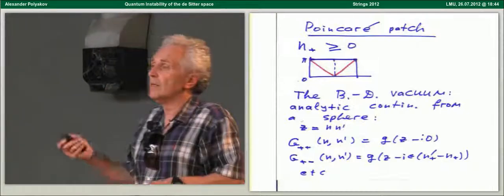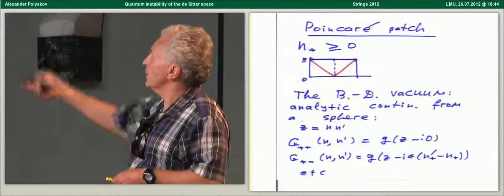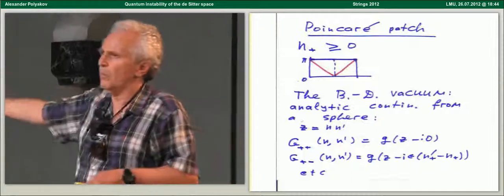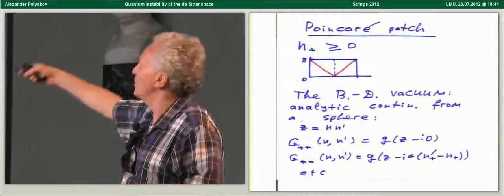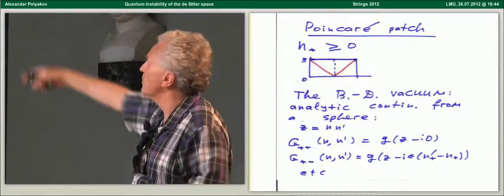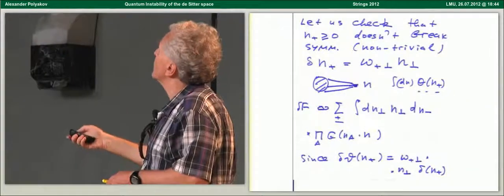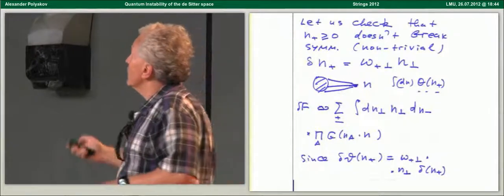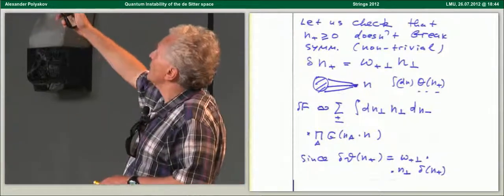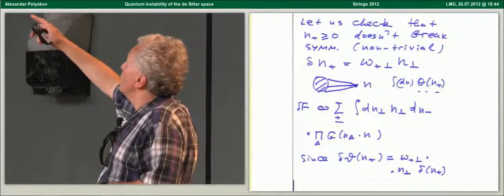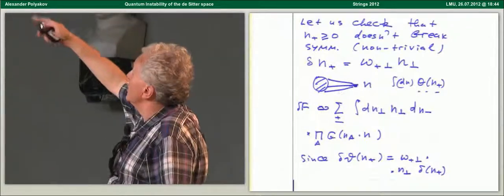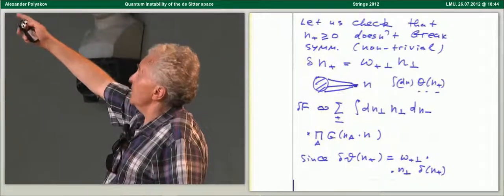Since we are in non-equilibrium, we need various Wightman and Green functions with pluses and minuses. And here I just wrote them down. You see, it's not completely trivial to check the symmetry of the system.